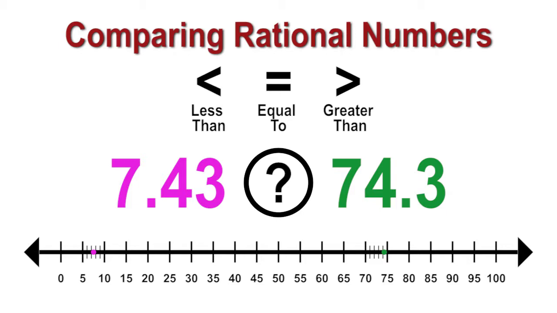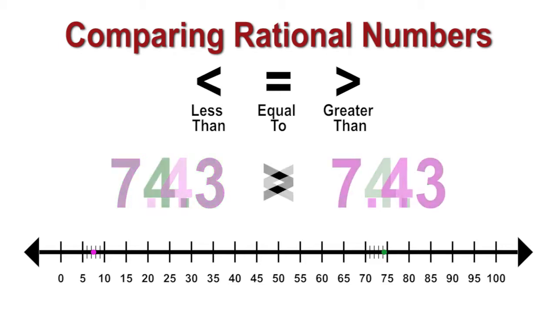Therefore, 7 and 43/100ths is less than 74 and 3/10ths. Or we could also state that 74 and 3/10ths is greater than 7 and 43/100ths.